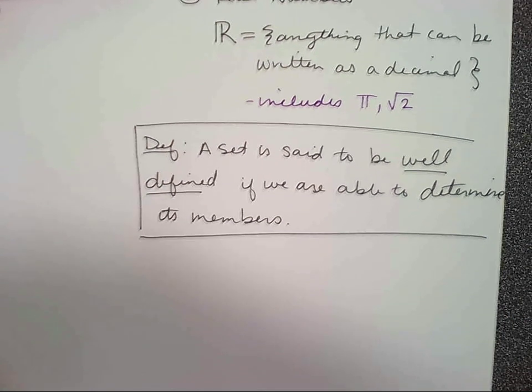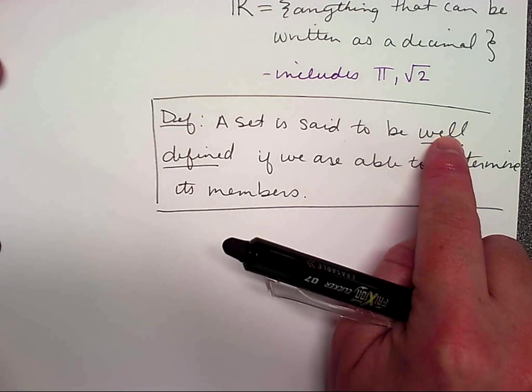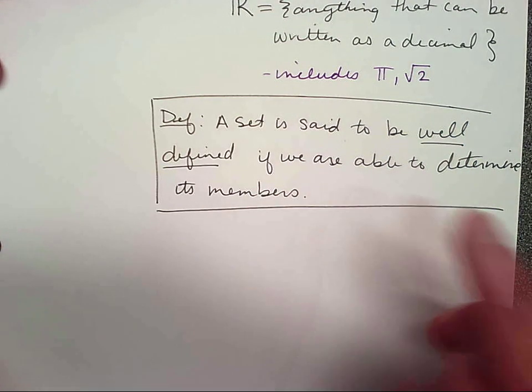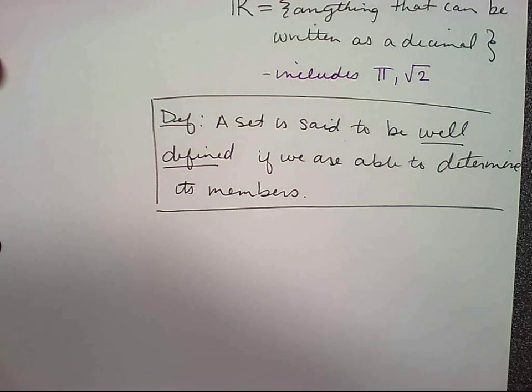Okay, so let's determine if the following sets are well-defined. So if a set is well-defined, we are able to determine its members. We really only want to deal with well-defined sets.